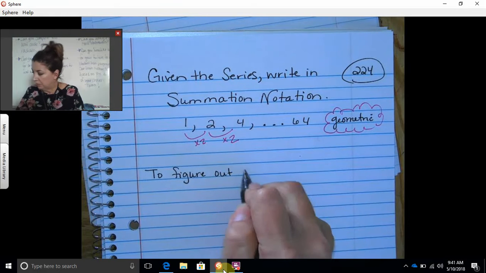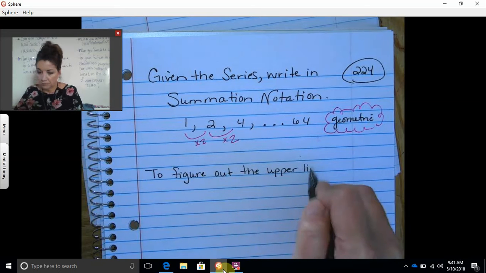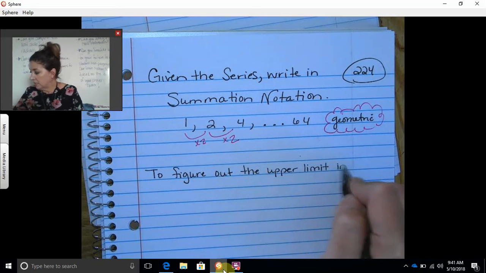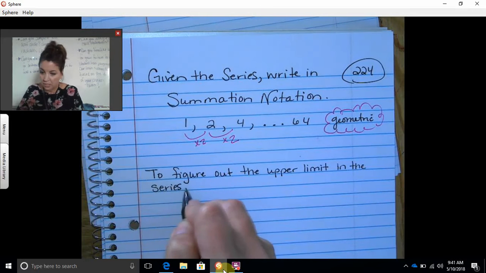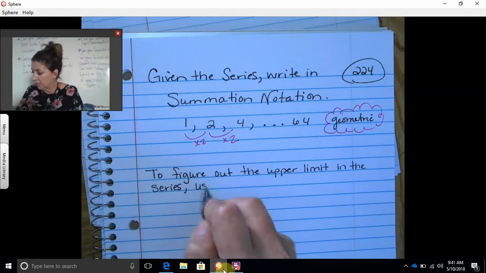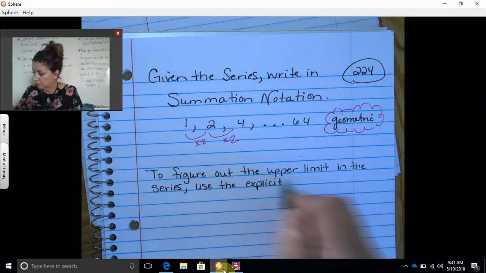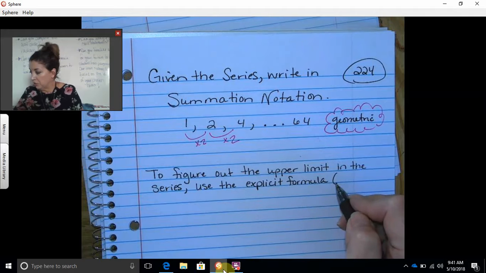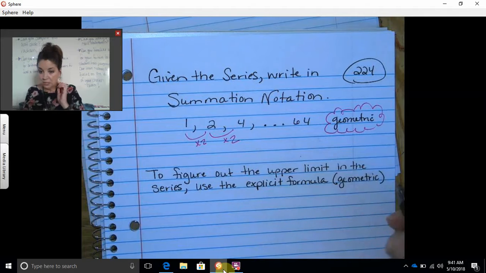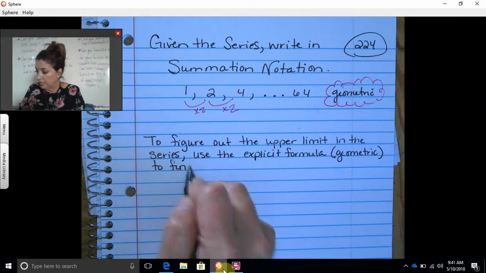To figure out the upper limit in the series, use the explicit formula, and remember, there's an arithmetic explicit formula and there's a geometric. So since this is geometric, you've got to make sure you're choosing the geometric explicit formula to find n.